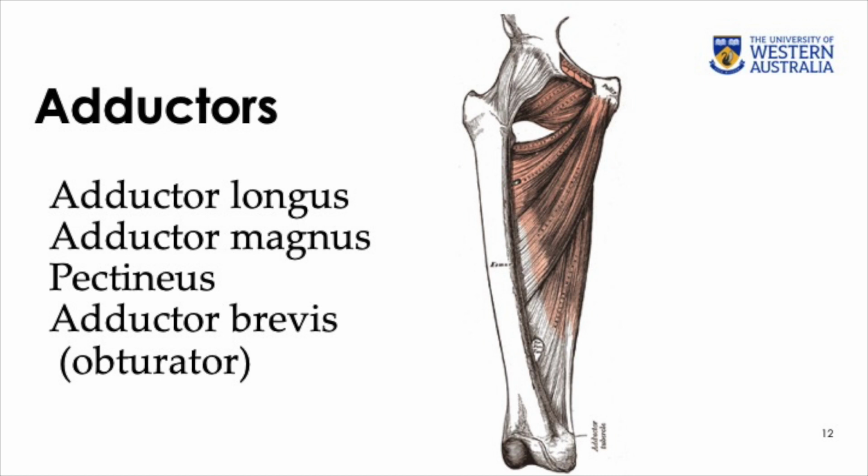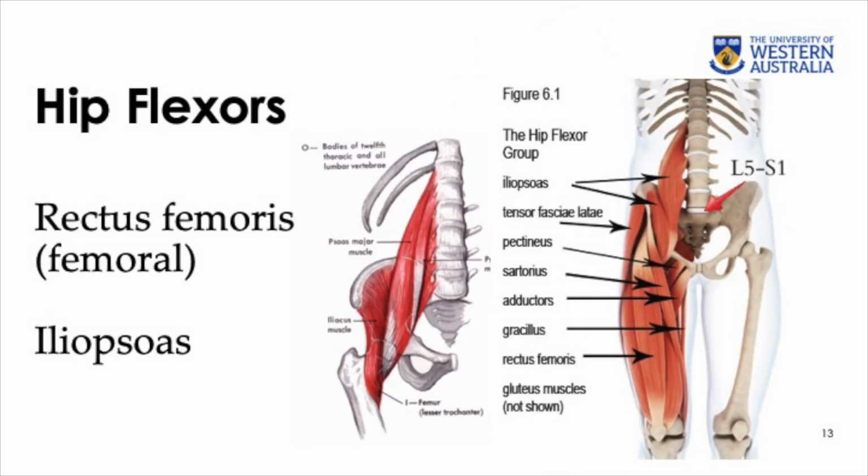Pectineus muscle also receives femoral nerve innervation. In the anterior compartment we have the rectus femoris, which is a hip flexor innervated by the femoral nerve. The iliopsoas is also a hip flexor which has innervation from the femoral nerve, as well as the lumbar nerves L2-3.